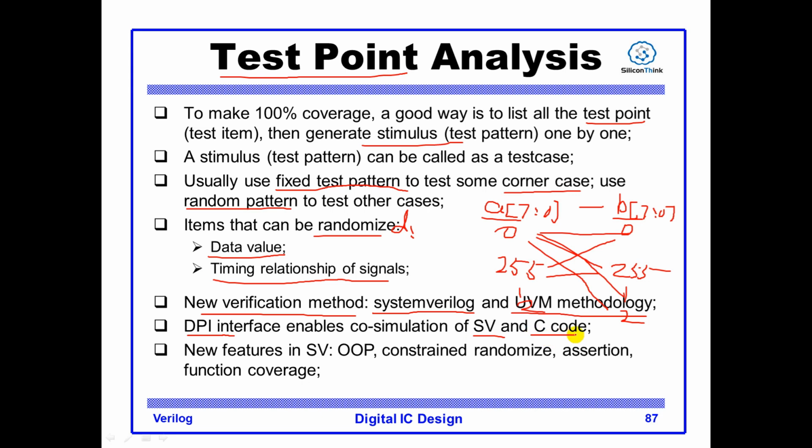That is, you can write a reference model in C code, and the C code and the DUT written in Verilog or SystemVerilog can be run at the same time in the same simulation tool, such as ModelSim or VCS. So this will ease the modeling of the reference model. Yeah, you can use the C language to model the reference model.